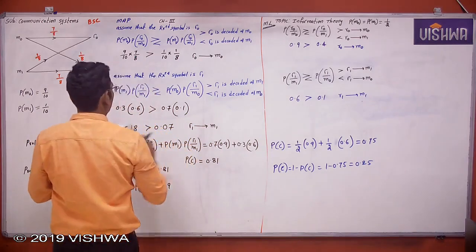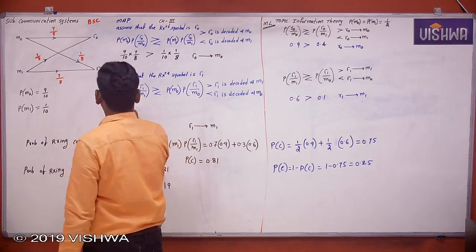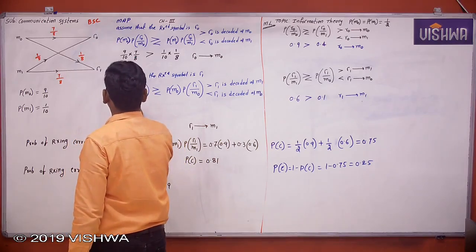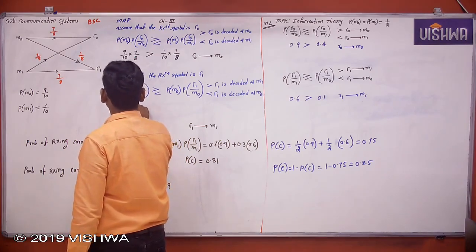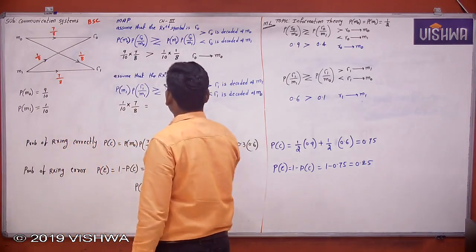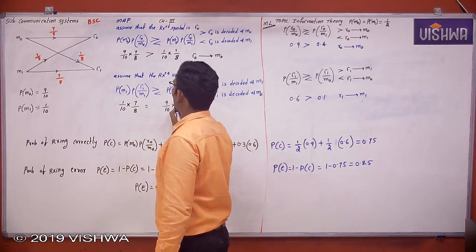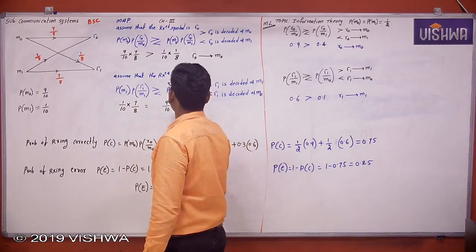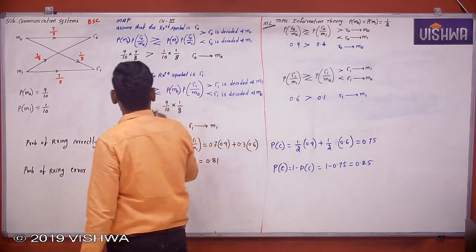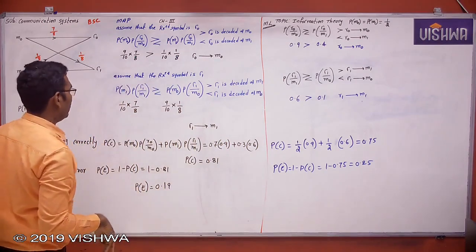Now here, P of m1 is 1 by 10 and P of R1 by m1 is 7 by 8, so 7 by 80. And P of m naught is 9 by 10 into P of R1 by m naught, which is 1 by 8, so this is 9 by 80 and the other is 7 by 80.